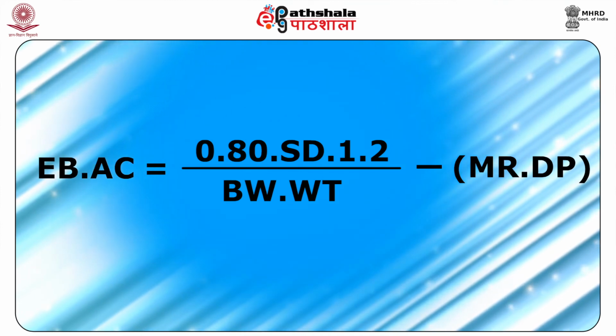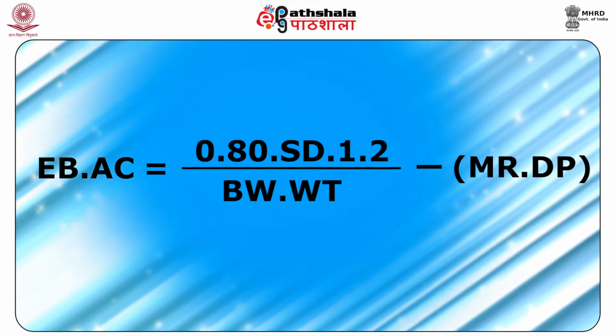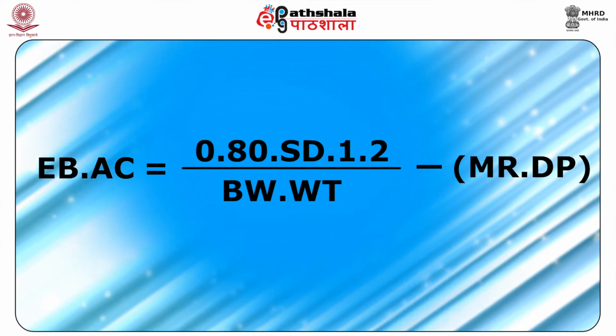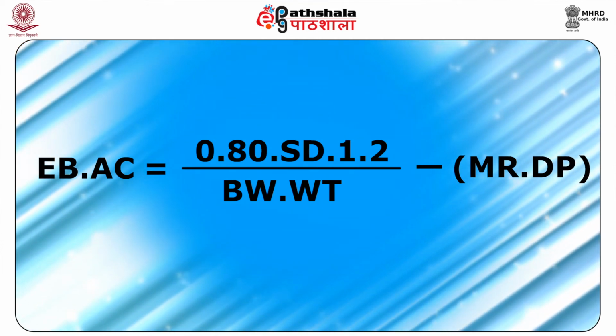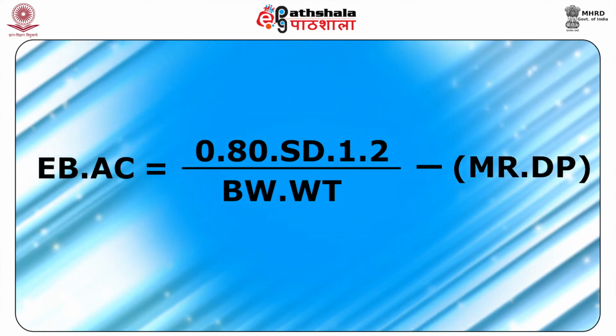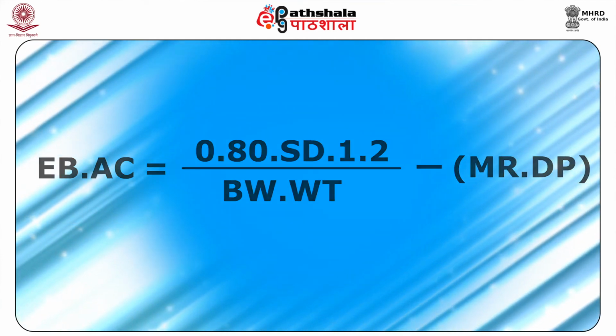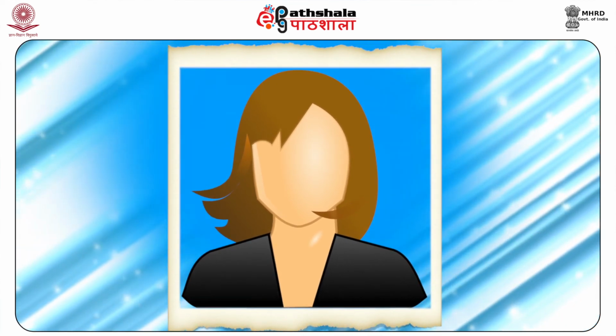From this whole factor is deducted the product of MR, that is metabolism constant of 0.017, and dB, that is drinking period in hours. Regarding metabolism MR, in the formula, females demonstrate a higher average rate of elimination than males.